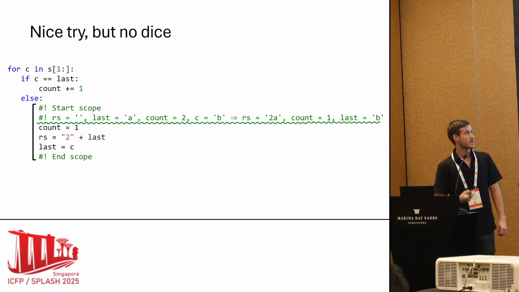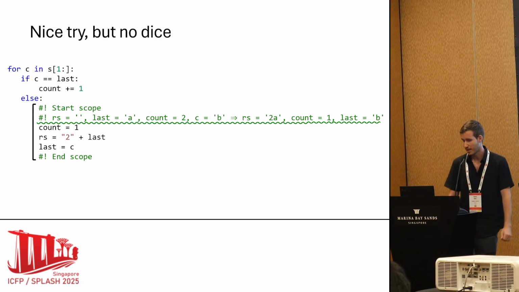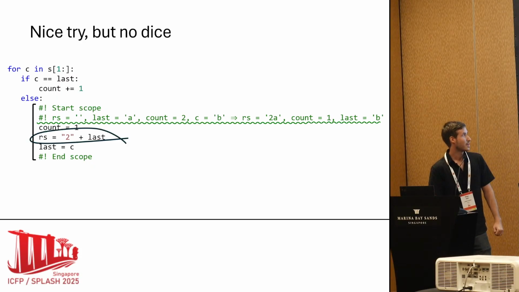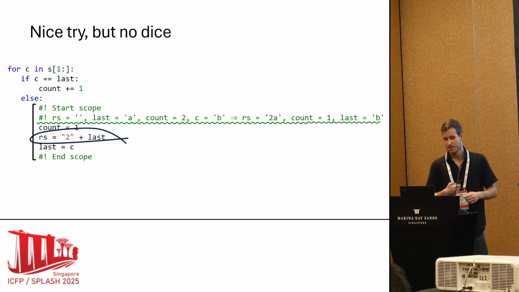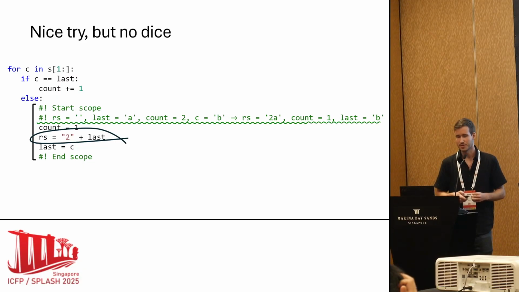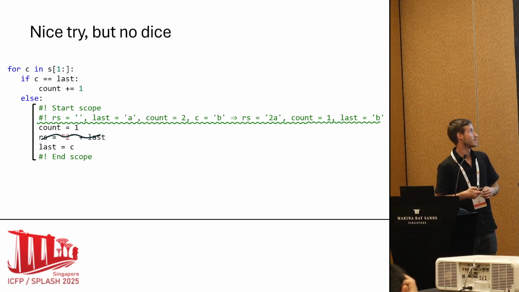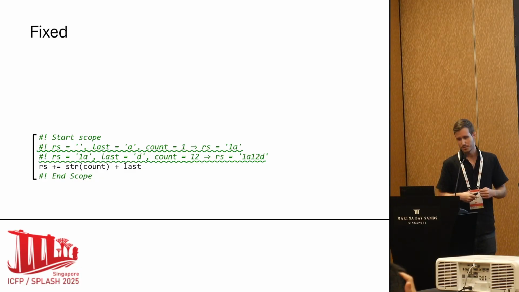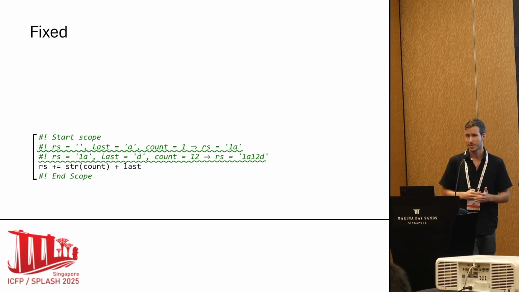So if we take this example and give it to the synthesizer, we will get this piece of code. And as you can see, like before, we have this overfitted assignment to rs. The concatenation is overfitted. At this point, we will actually try to synthesize only this assignment. So we'll delete this line, and we'll provide the synthesizer now with 2 examples to get a piece of code that seems to do the job.